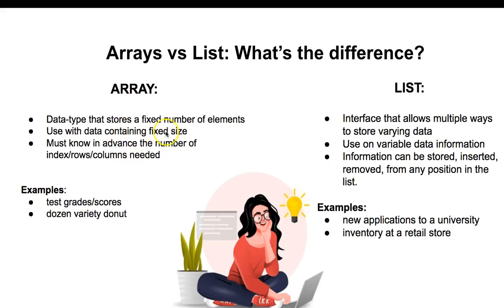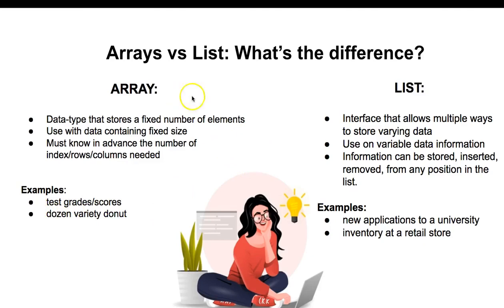We can't add another one, we can't remove them, though we can modify the ones that we already have. We can't make it grow, and we can't make the size smaller. An example would be implementing something for test grades. A professor will oftentimes have a set number of test grades for their students. Same thing with a dozen donuts. We already know that's going to have 12 donuts.